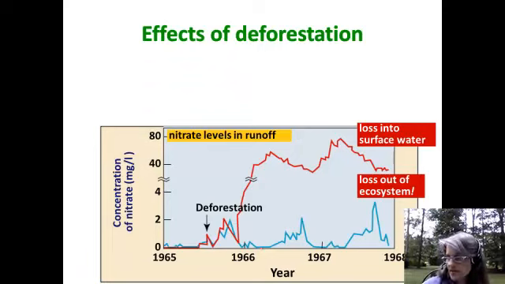Indeed, we can see in this graph that if you strip an area of forest, they're following nitrogen compounds here in milligrams per liter, and what we see is after the deforestation, the amount of nitrate lost to runoff in the surface water is huge.